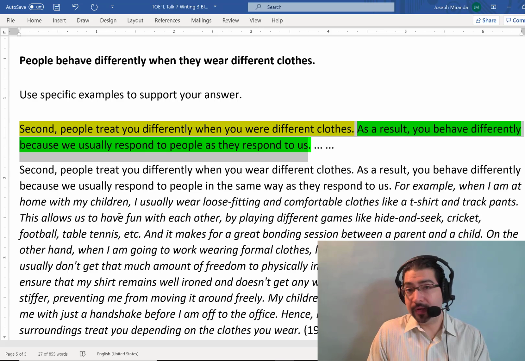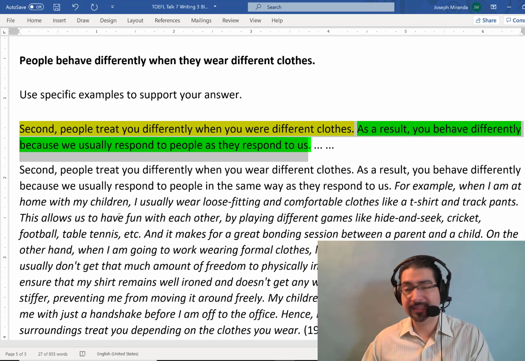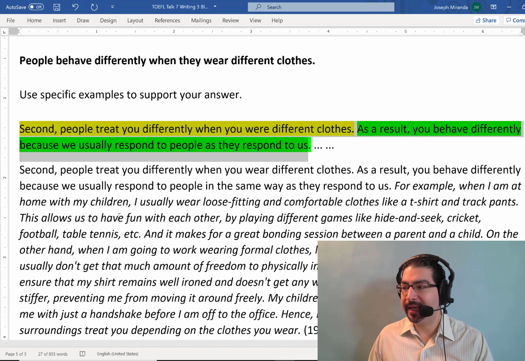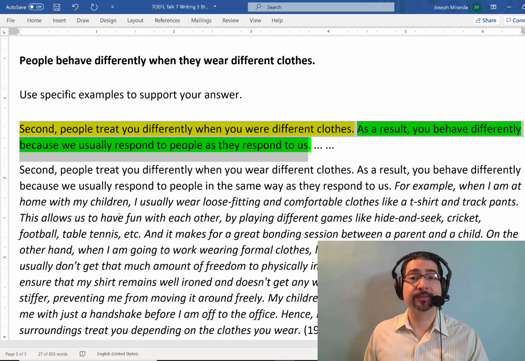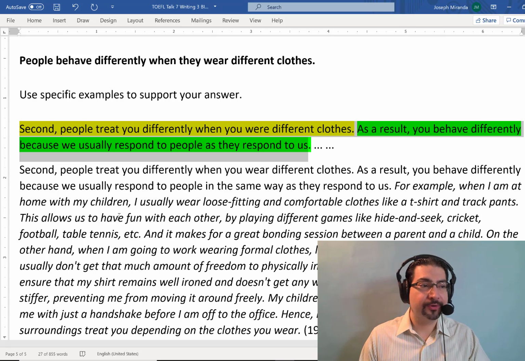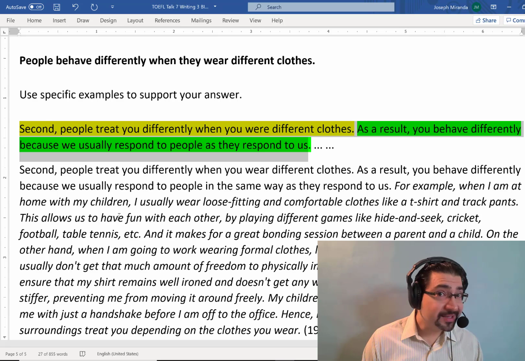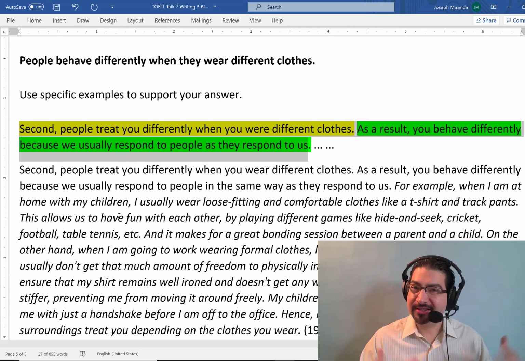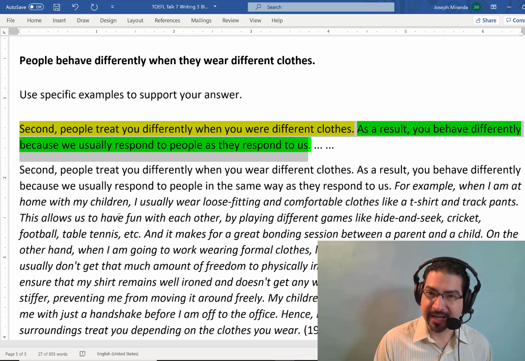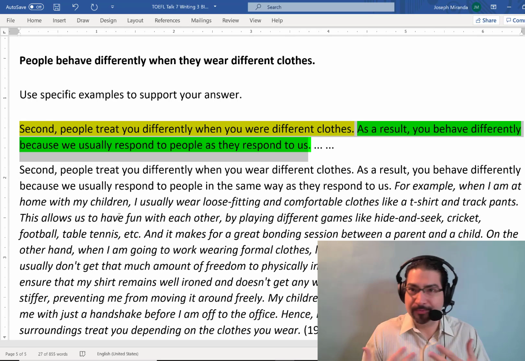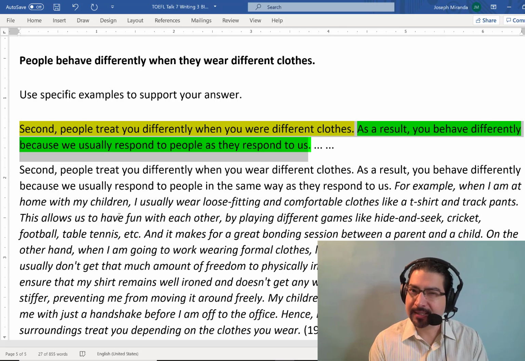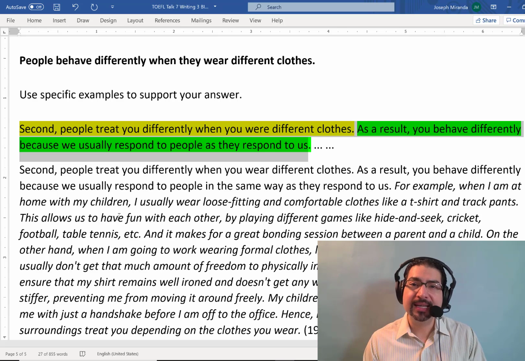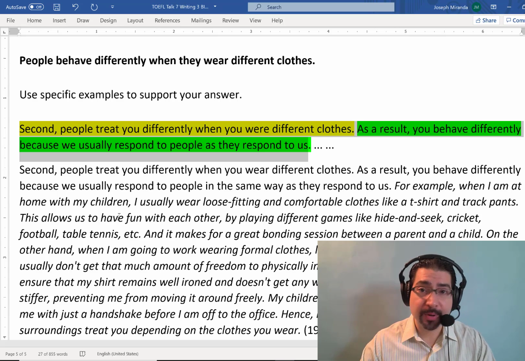Does that make sense? I wear something, let's say I wear nice clothes, you treat me nicely, so I behave with confidence, right? If I wear clothes that we think are not nice, you don't treat me nicely, and I have stress, shyness, and maybe depression because of the way I'm being treated, and I behave differently. So yes, the clothes I wear does influence my behavior, right? That's the argument. So the example needs to copy that perfectly.